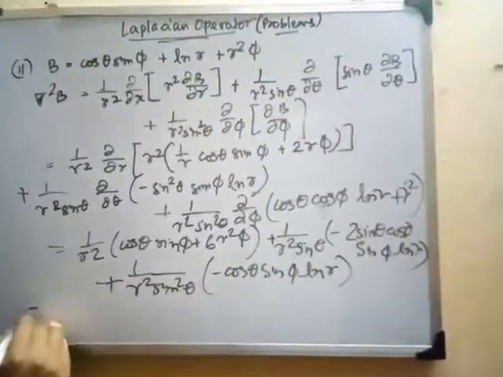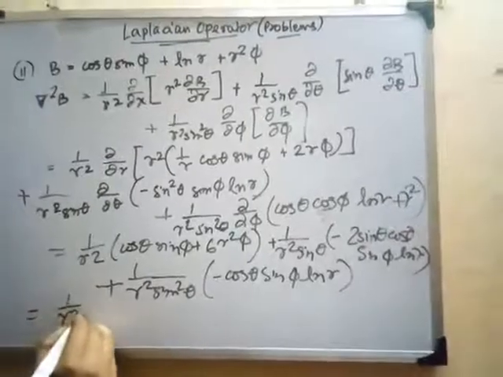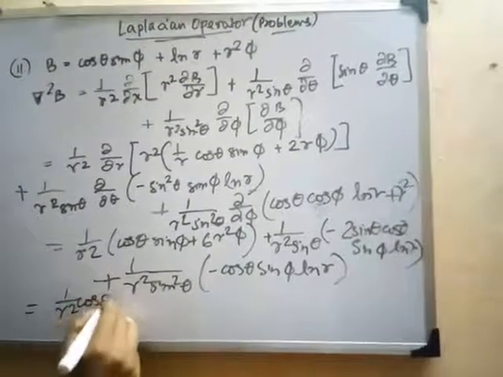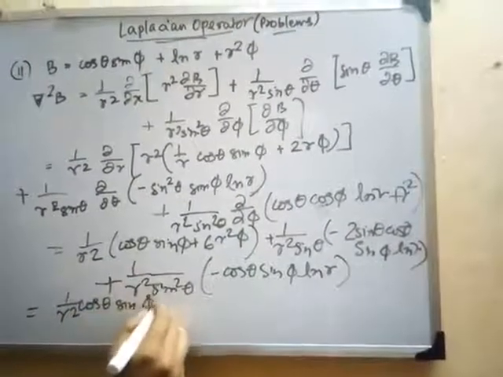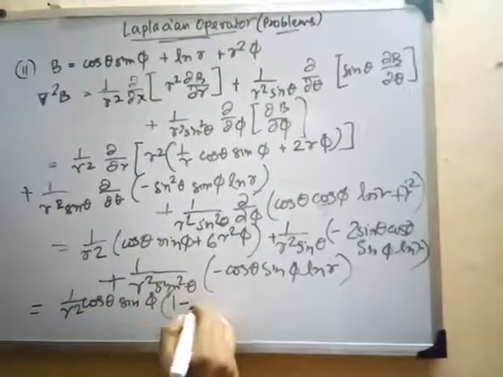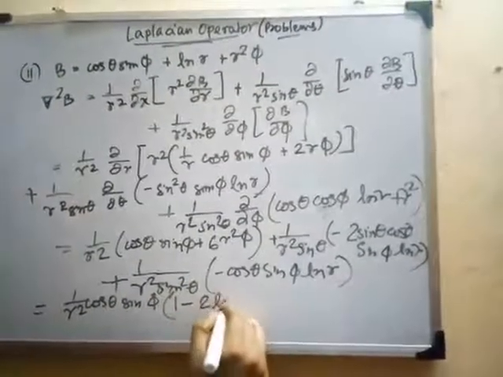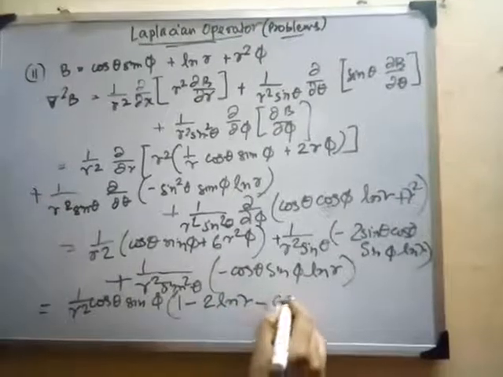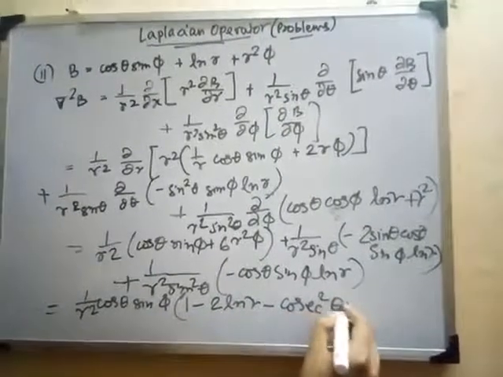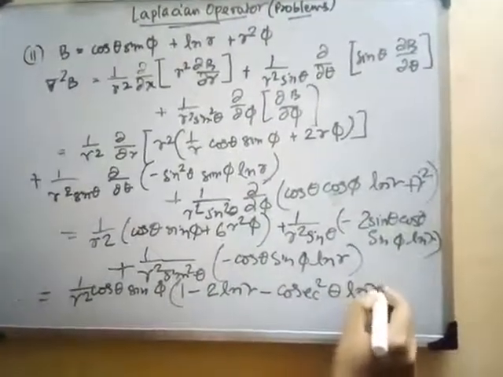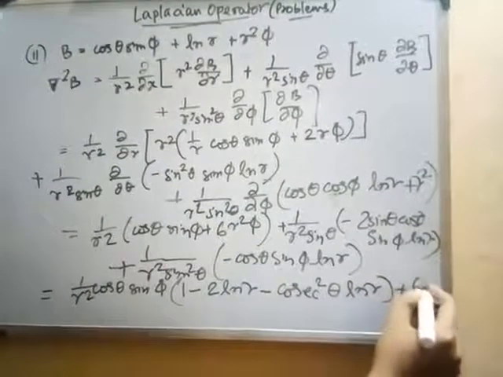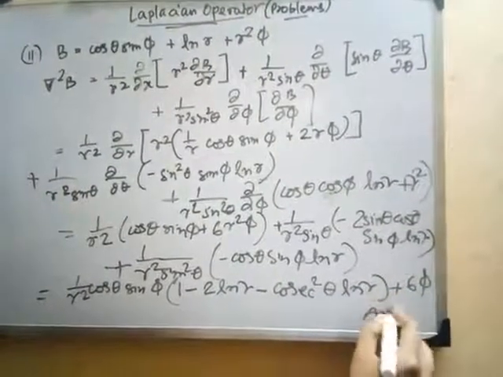So this will equal, taking 1 by r square cos theta sin phi as common, the remaining part: 1 minus 2 ln r minus cosec square theta ln r plus 6 phi. So this will be your answer.